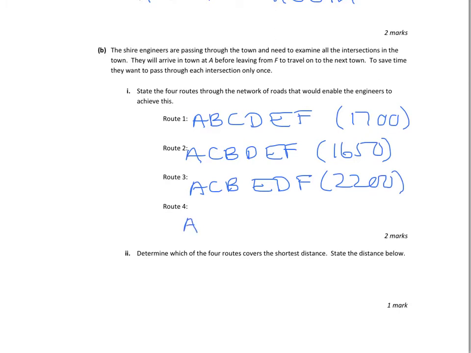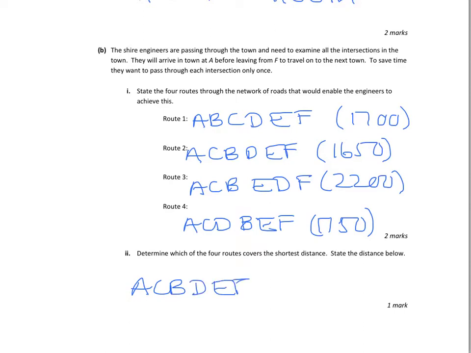And finally A, C, D, B, E, F, and that gave us 1,750. So the shortest route is route 2, A, C, B, D, E, F, giving us a total of 1,650 metres as the total distance.